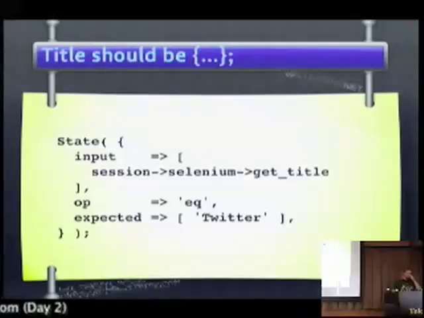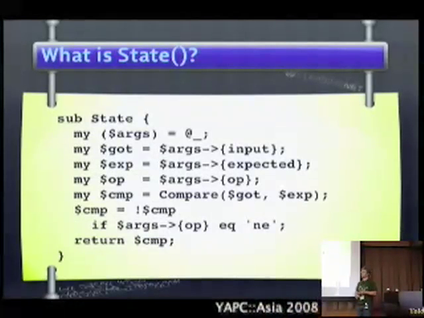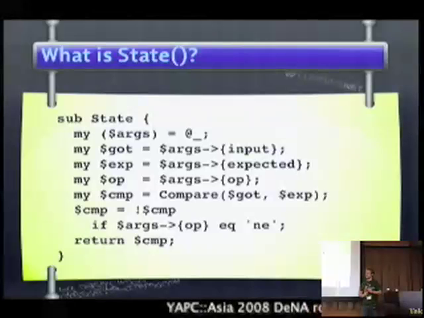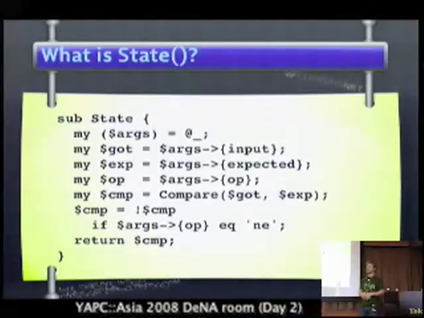So I'm going to show you a simplified state. State gets arguments as a hash reference. And so we have the value that we got, the value we expected, and what kind of operation we want to do. And then we use Data::Compare to compare the got and expected data structures. And that allows us to have arbitrarily deep and complicated data structures as well.